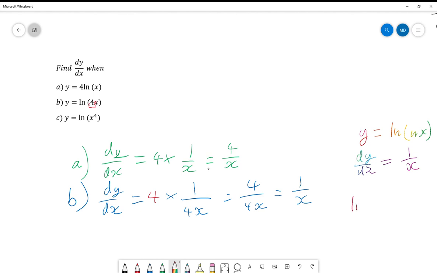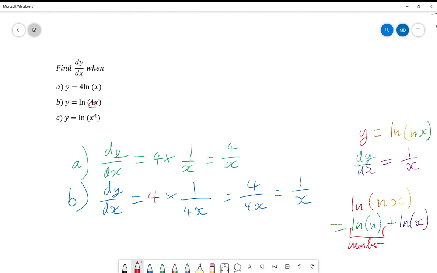So the natural log of nx is equal to the natural log of n plus the natural log of x. But this here is just a number. And when we differentiate a number, we get 0. And when we differentiate this, we get 1 over x. So in fact, it does make sense that it always is 1 over x.